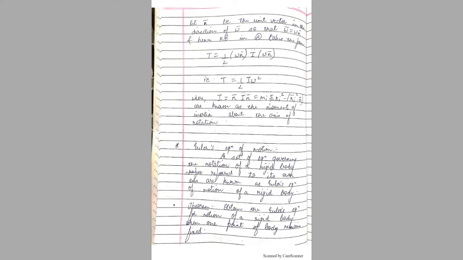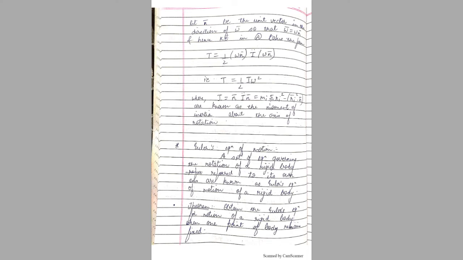This definition won't be clear now; when I teach you this theorem, only then will you understand what Euler's equation of motion actually is. We will find equations which govern the rotation of a rigid body about one point, that is, about its own axis.